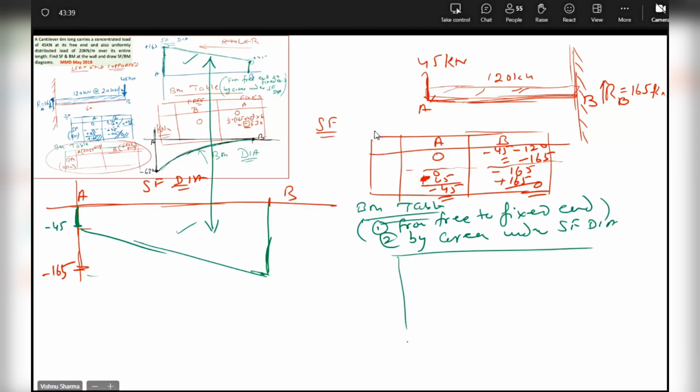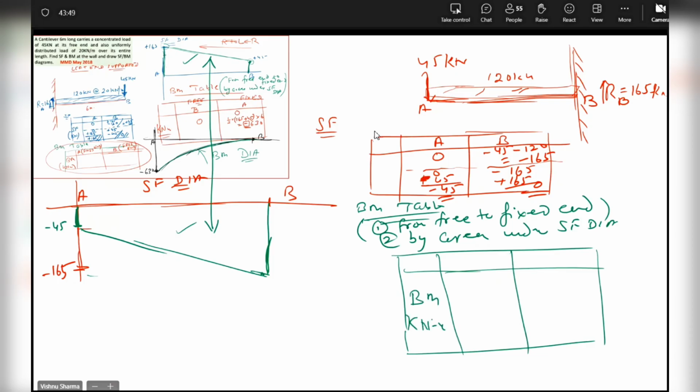Now, when I'm going from free to fixed end in the SF diagram for this particular case, am I going from left to right or right to left, guys? Free end is A, fixed end is B. Left to right. So negative will remain negative, positive will remain positive. So it is 0. I carry forward 0.